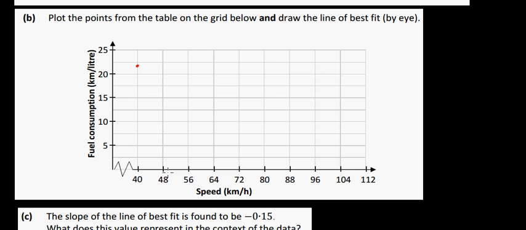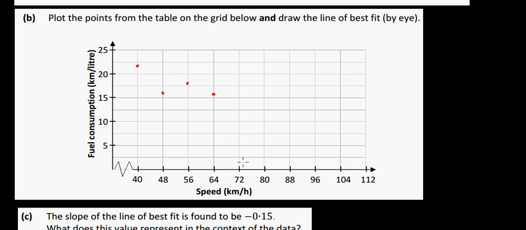Okay, 48 then is 16, so let's go to 16, that's going to be somewhere around here. 56 is 18, so that's 17.5, so it's going to be around here, just above this line. 64 is 16, so that's going to be here somewhere.